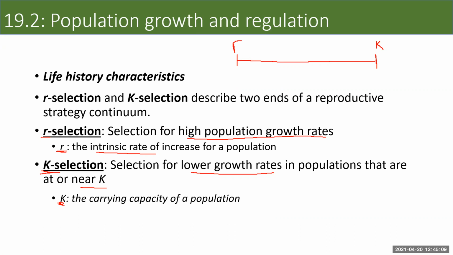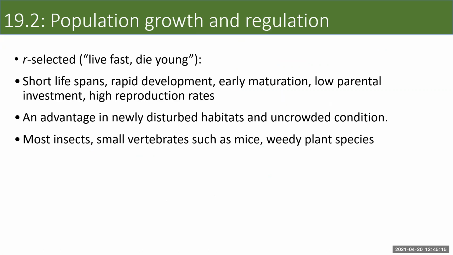Now, looking at the traits that are observed in these different species that express these different types of reproductive strategies, if we look at an R selected individual or species, they're basically living fast and dying young.